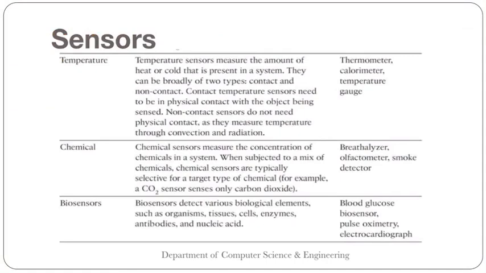Biosensors detect various biological elements such as organisms, tissues, cells, enzymes, antibodies, and nucleic acid. Okay, so blood glucose biosensor and pulse oximetry sensors are some of the biosensors. So these are the different types of sensors.